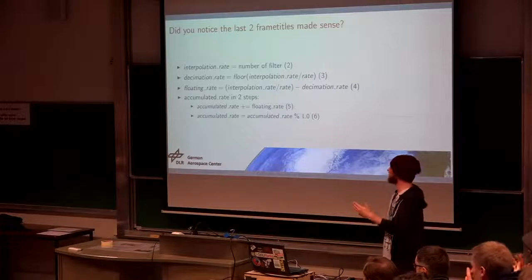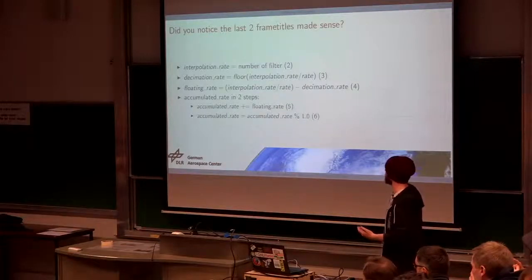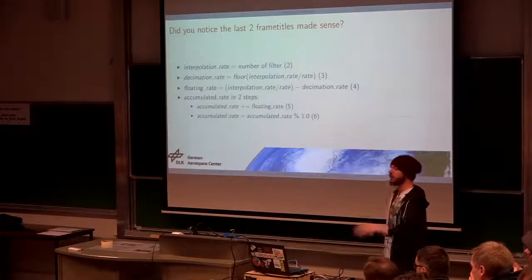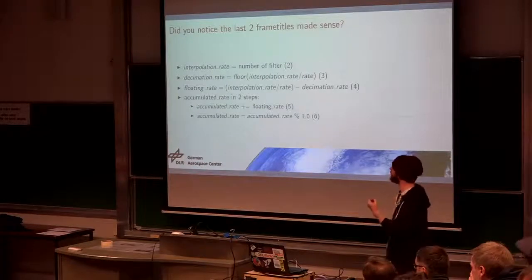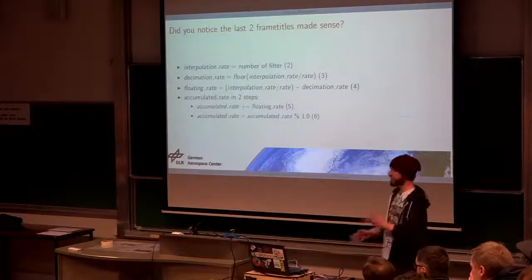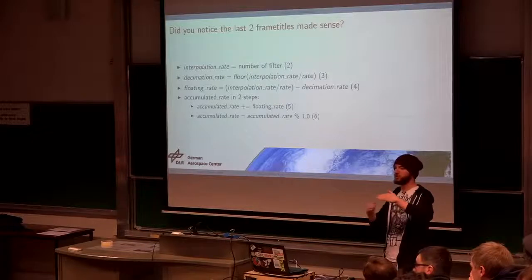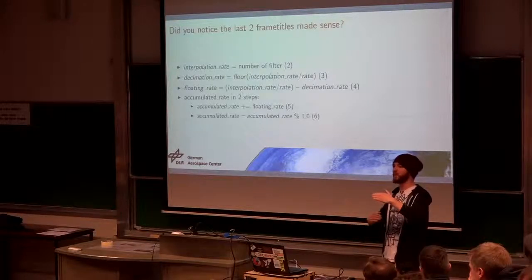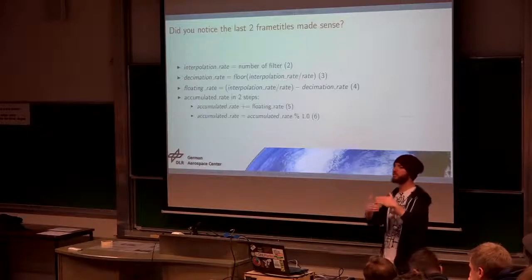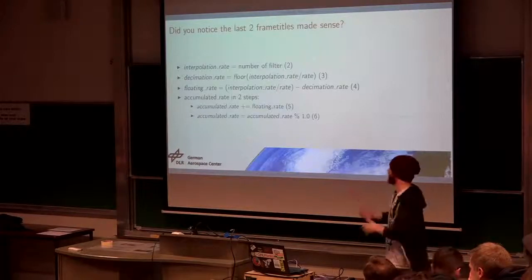After you have filtered the signal, you do a modulo 1, so you always have the accumulated rate between 0 and 1. All you want to know is whether the next filter is closer to the actual sampling rate than the integer or not. That's how you determine it.